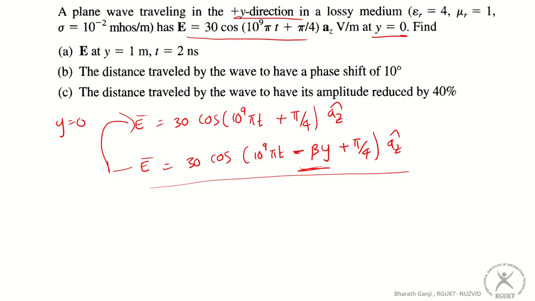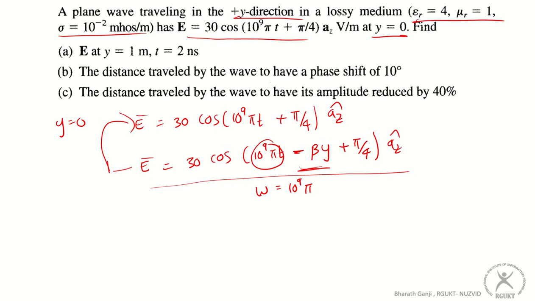Now I'll try to calculate what is beta here. I get omega from this expression as 10 to the power of 9 pi, and epsilon r and mu r are given, and sigma is also given. But before solving this, I don't know what this medium is, whether it is a lossy medium or a dielectric medium.